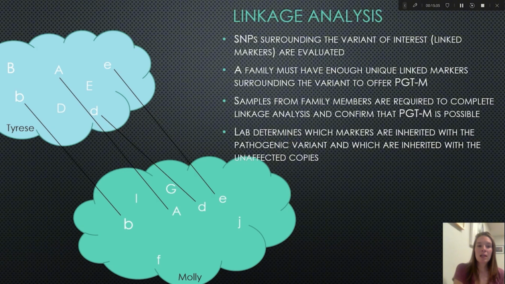So here, if we take a look at the different SNPs that were identified in Molly and Tyrese, we can see that they share lowercase b, capital A, lowercase d, and e. So those SNPs travel along, they are the linked markers to the SMN1 deletion that Molly inherited from Tyrese.